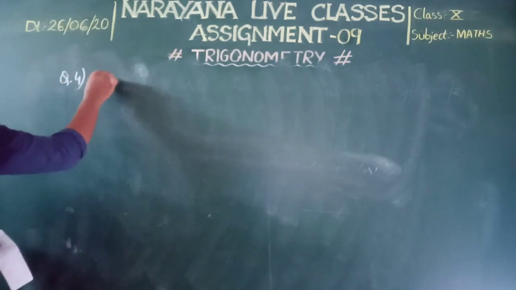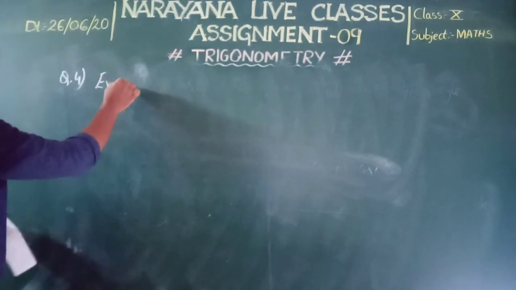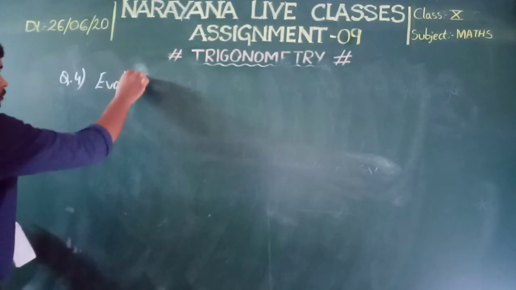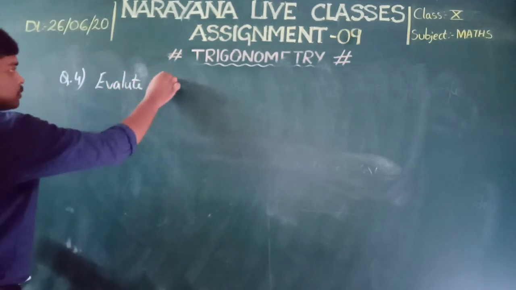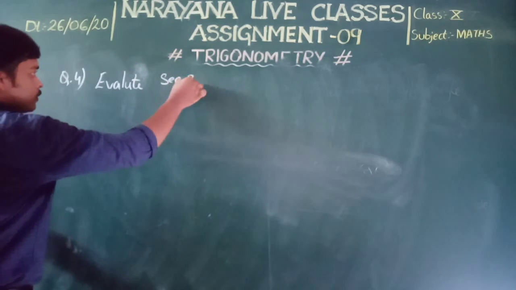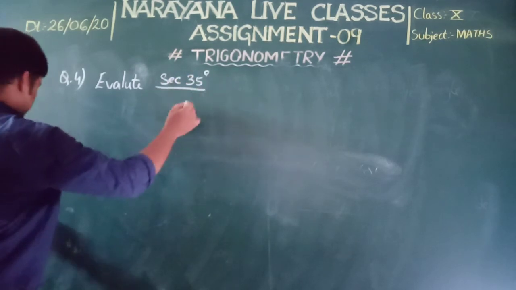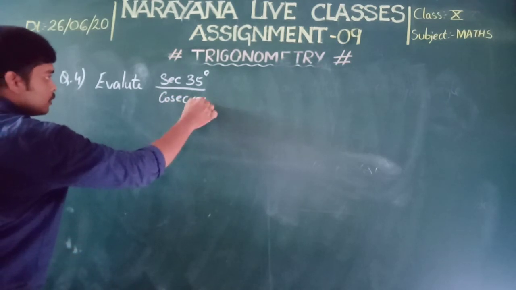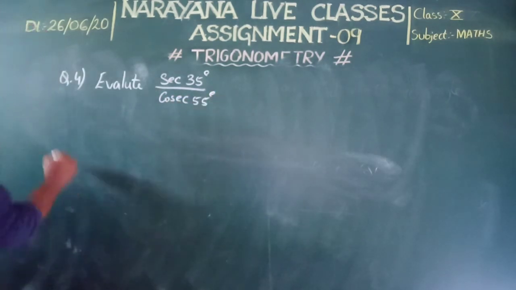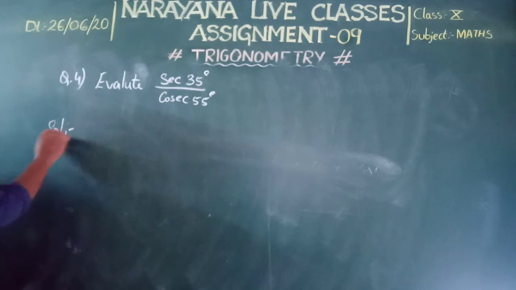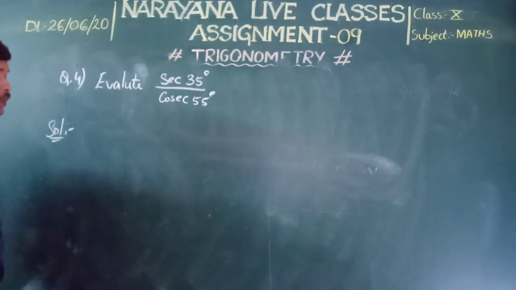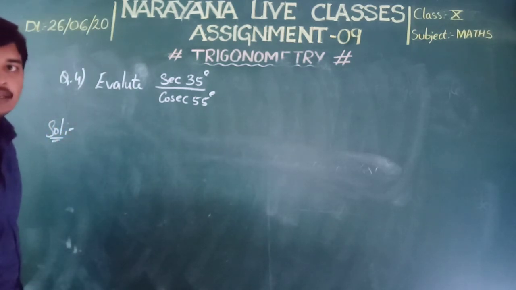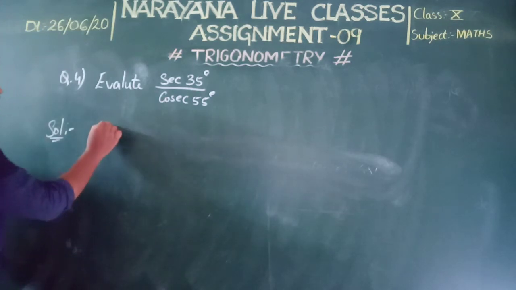Evaluate secant 35 degrees by cosecant 55 degrees. Now we are evaluating this one, secant 35 degrees by cosecant 55 degrees.